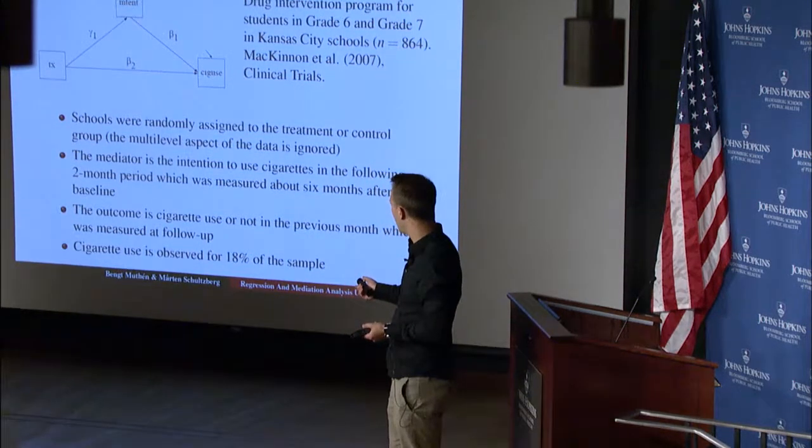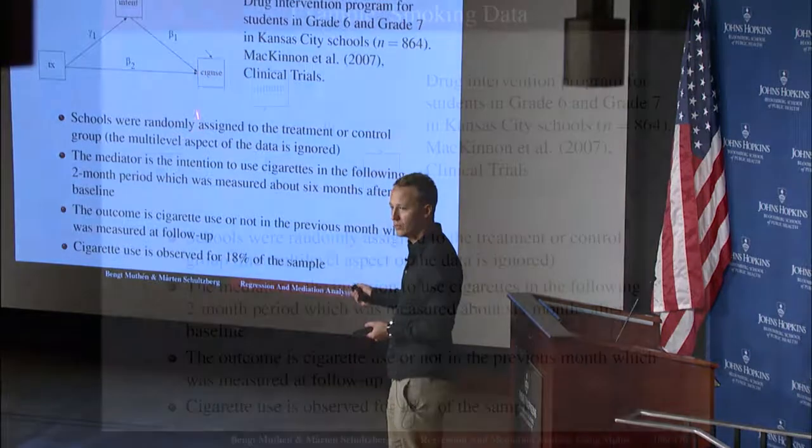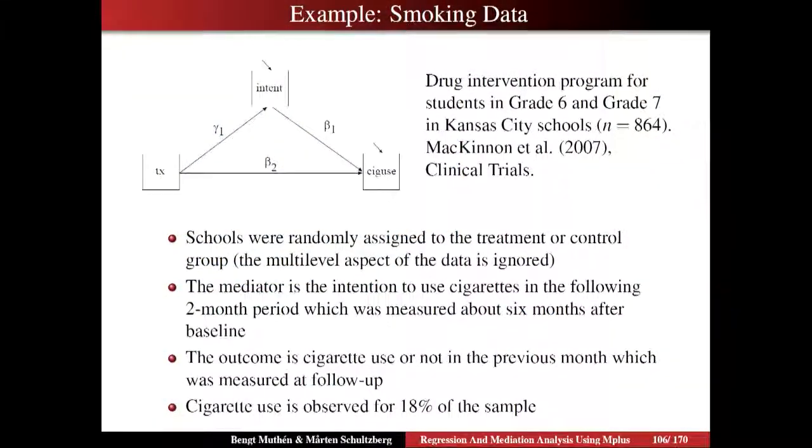So we have this example where we have a binary outcome variable, which is cigarette use, whether you use cigarettes or not. We have a treatment variable trying to reduce the cigarette use. This is an intervention program for grade 6 and 7 students in Kansas City schools. They gave this intervention, trying to decrease the proportion that used cigarettes.